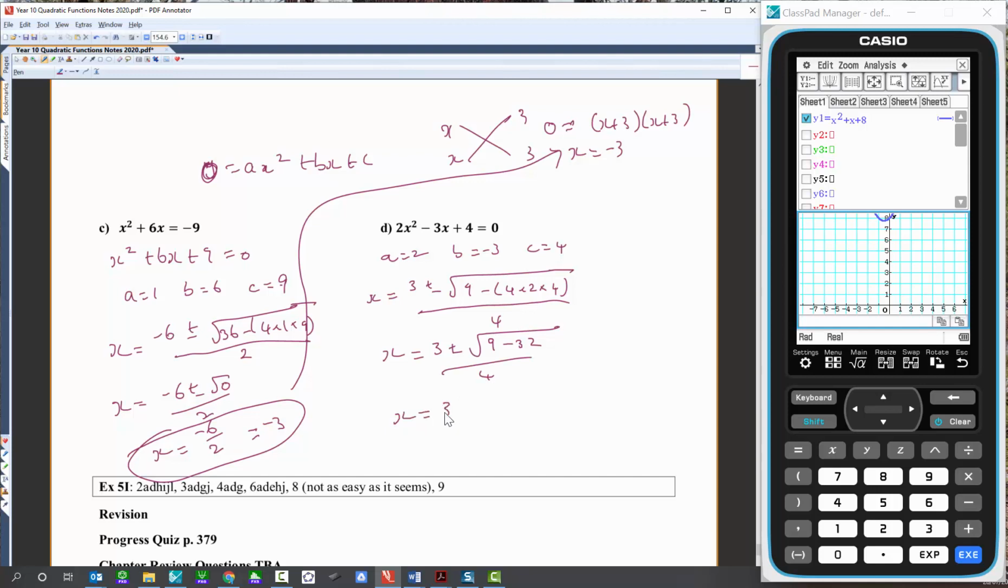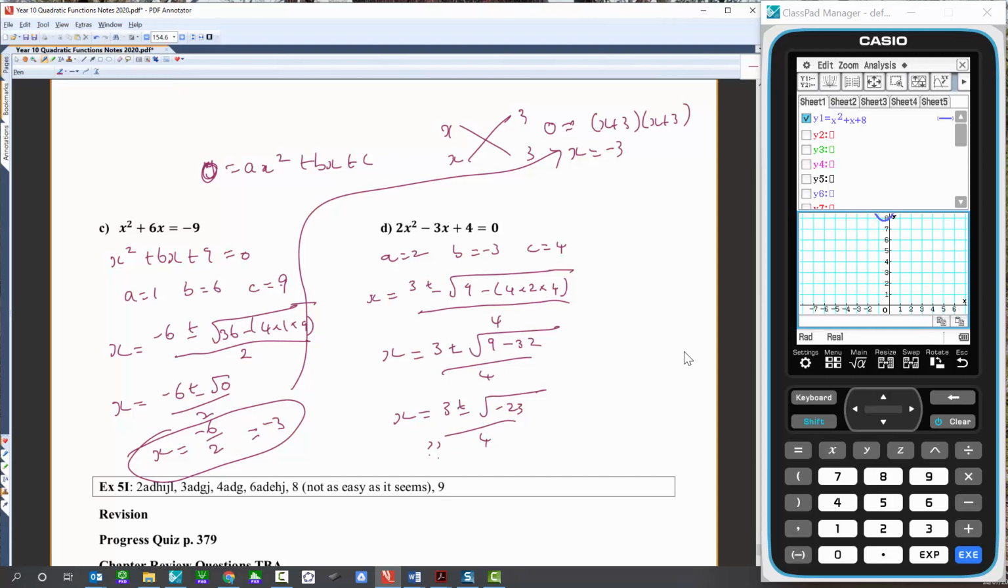X equals 3 plus or minus the square root of 9 removed from 32, -23 over 4. So are they our 2 solutions?